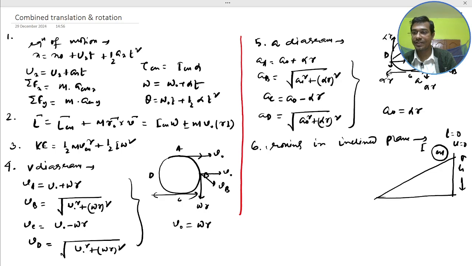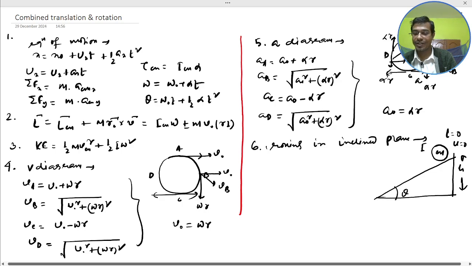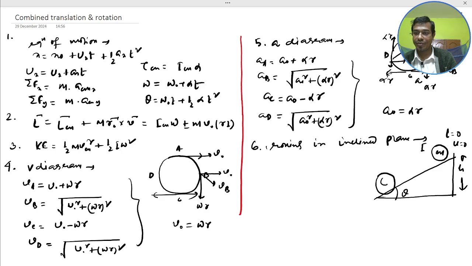This is the height h, angle is theta. Sufficiently rough, and this body is coming with angular velocity omega. This is linear velocity v and the omega, and this is the v bottom.